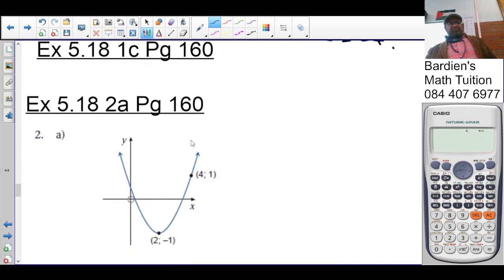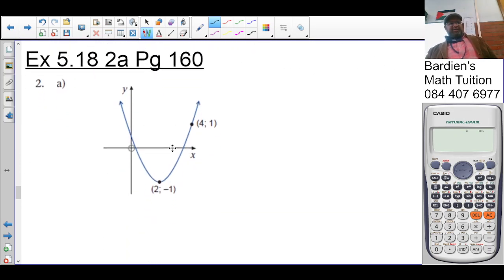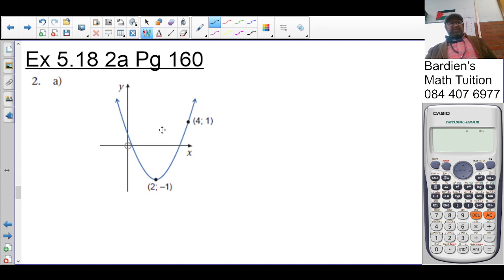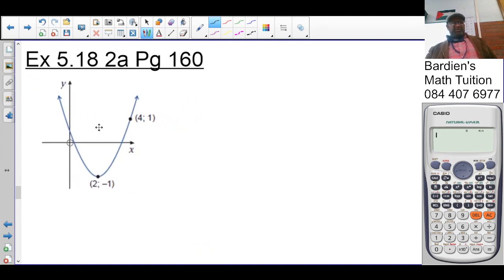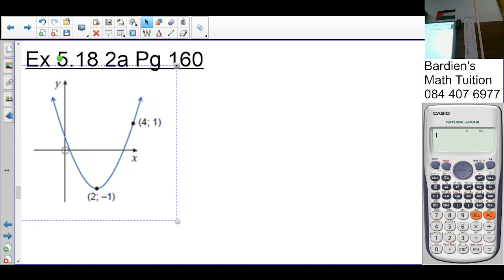Okay, so as promised, I'm going to do exercise 5.18 number 2A and 2C, using the method I've just applied. Okay. So at this point, you can pause the video if needed, and then you can attempt it on your own, and then you can just play the video thereafter.